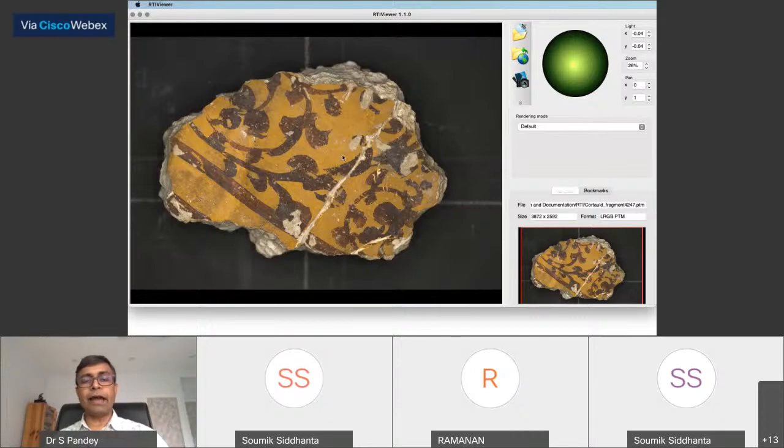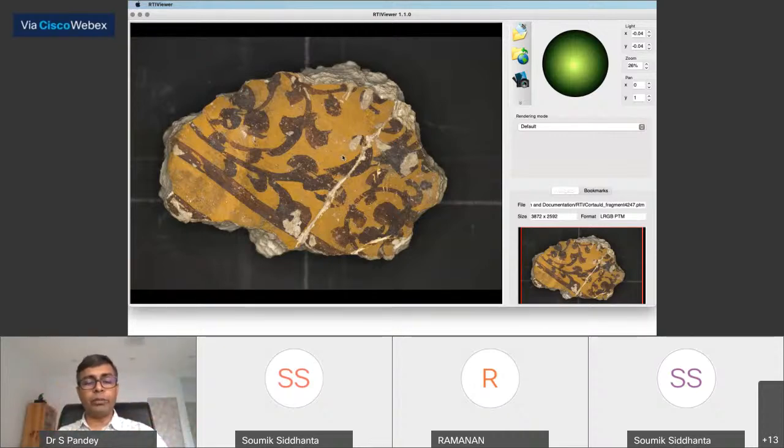Now, what is RTI? RTI is basically a collection of a series of photographs. And the software was initially developed by Hewlett-Packard, and it was called polynomial texture mapping. They developed this while trying to develop video games. But this is used in cultural heritage.